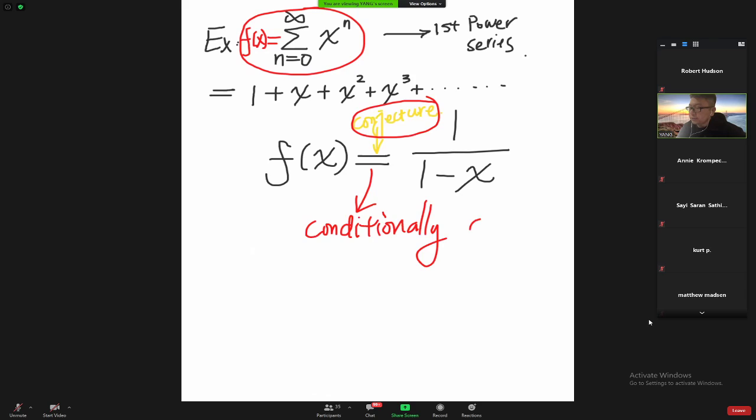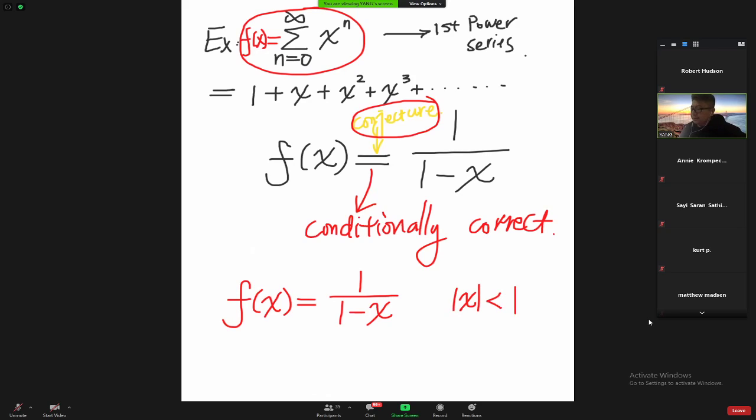Then what condition is it? Yes, exactly, good. f(x) equals 1 over 1 minus x. It must be that x is less than 1. If x is less than 1, why is this the condition?